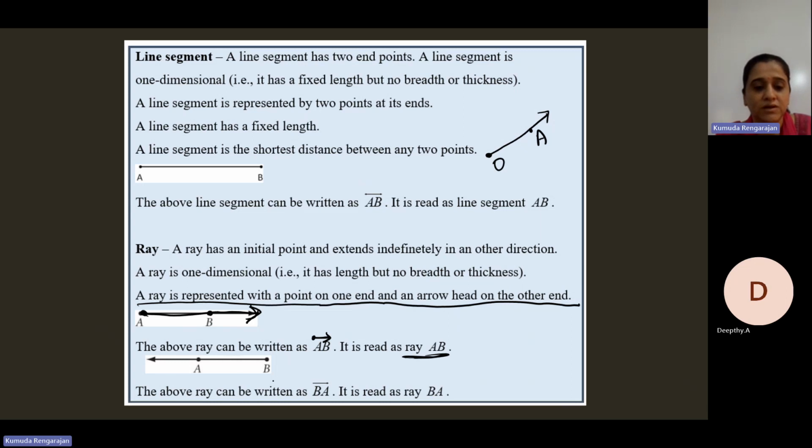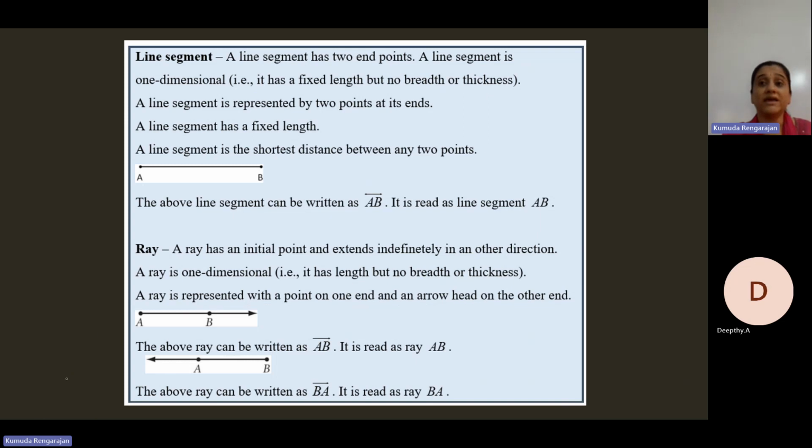Now, ray AB is different from ray BA. When we say ray AB, the initial point is A and it extends in this direction towards B. But when we say ray BA, the initial point is B and it extends in this direction towards A. I repeat, ray AB is different from ray BA.